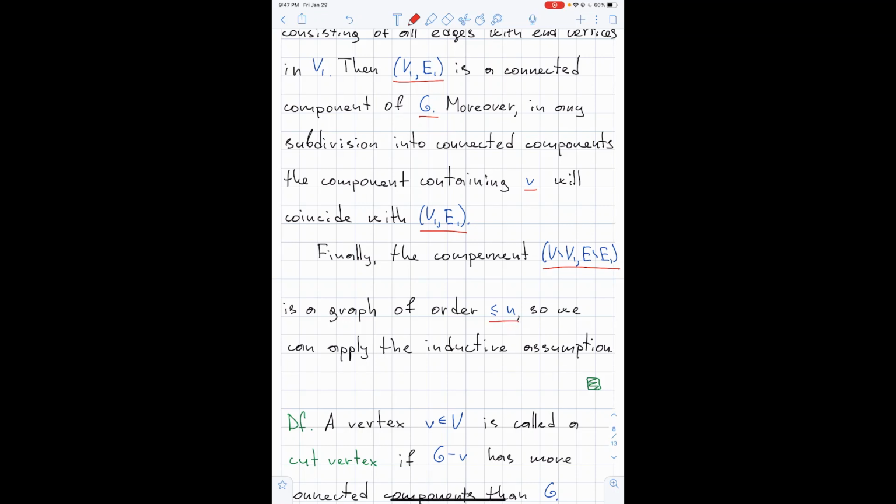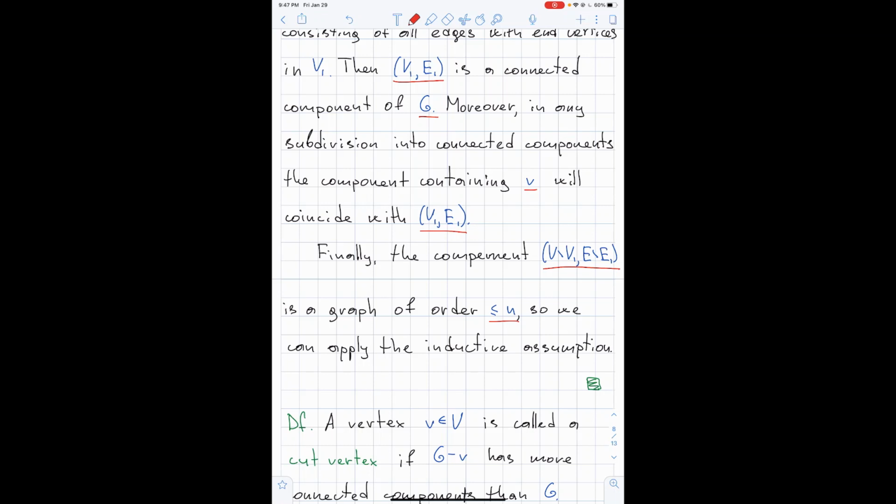So we can apply the inductive assumption, which says that this graph can be subdivided into connected components, and only in a unique way. So we subdivide, and we add our first component, and we get a subdivision.